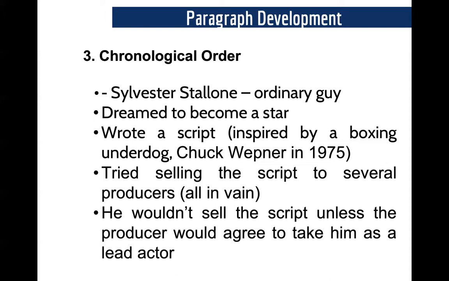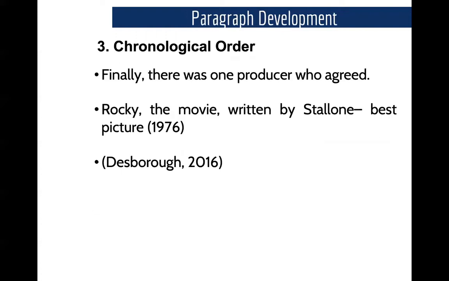He wouldn't sell the script unless the producer would agree to take him as a lead actor. So that's one condition: before the producer would accept his script, he would be the lead actor. And finally, there was one producer who agreed, and it became a phenomenal movie, titled Rocky.